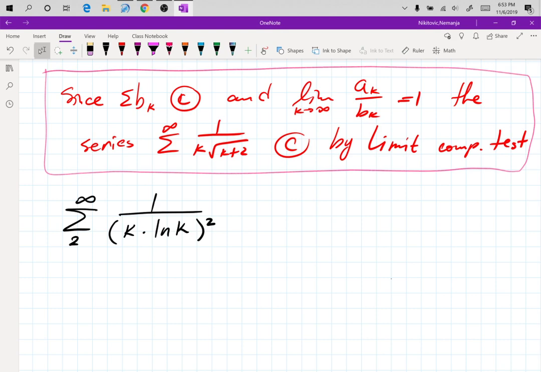Is it perfect? No, right? It's not perfect. But are we looking for perfect? These are comparison tests. They just need to be close, right? So ln k will be compared to root k, and then you go from there.